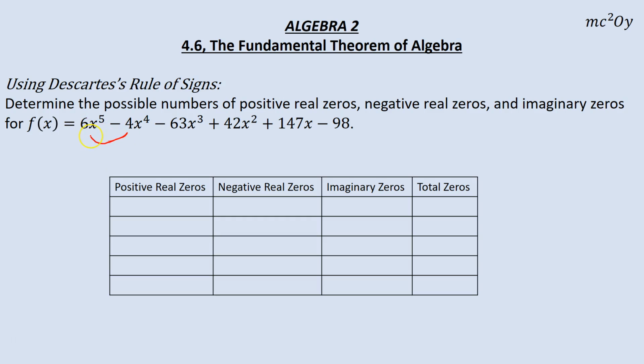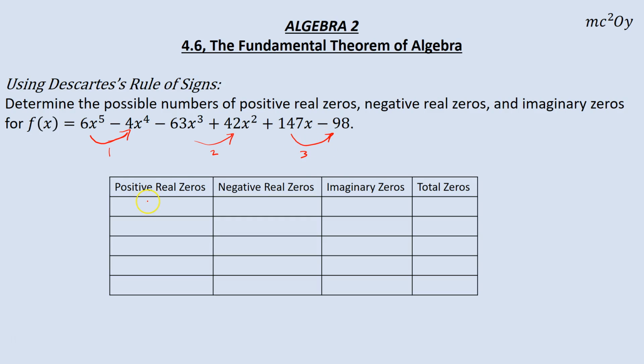Your sign changed from positive to negative. That's one sign change. You're at negative and you keep it negative. Negative to positive, there's a second sign change, from a negative 63 to a positive 42. Positive to positive. Positive to negative, there's a third sign change.